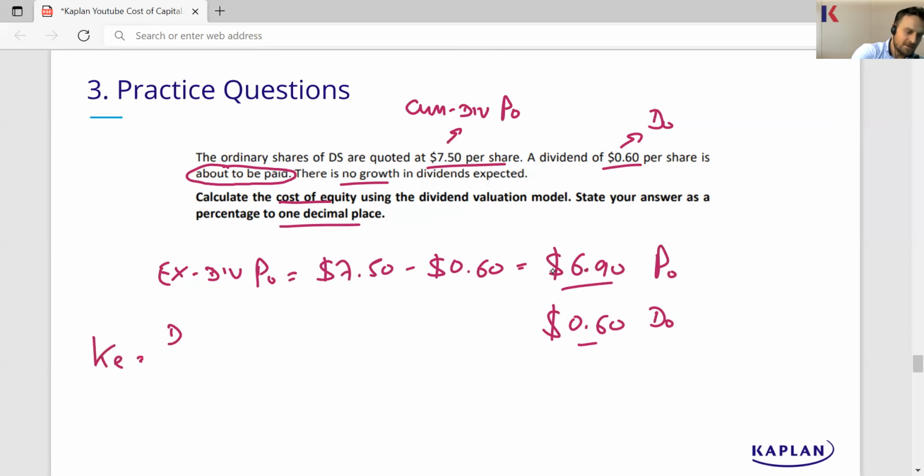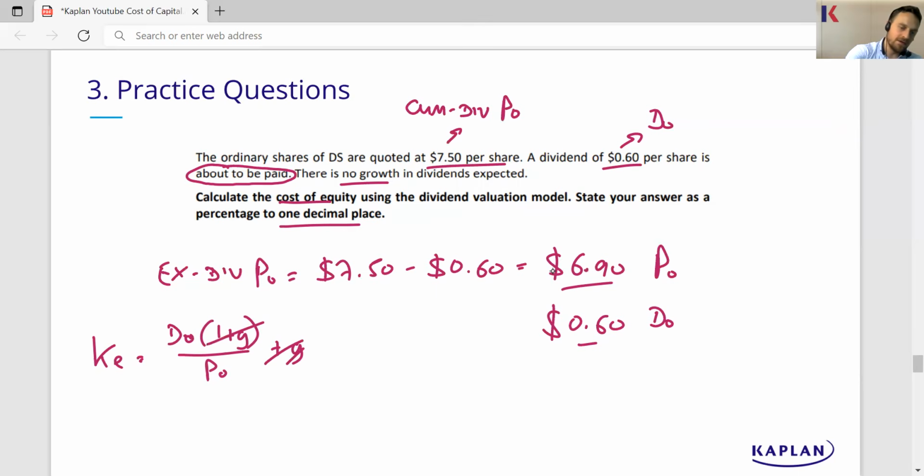Just to remind you, it's D0 times 1 plus G over P0 plus G. Because there's no G in this question, we can just ignore that and that, forget those, and just do D0 over P0. Or you can put G as 0 and use the formula still, it works.